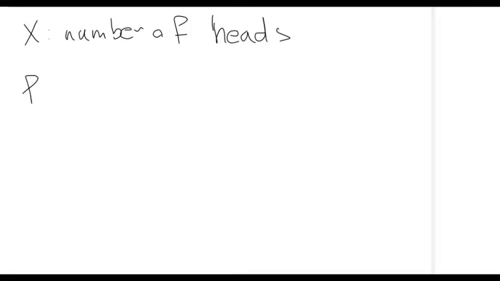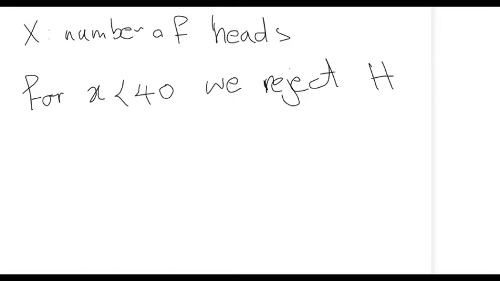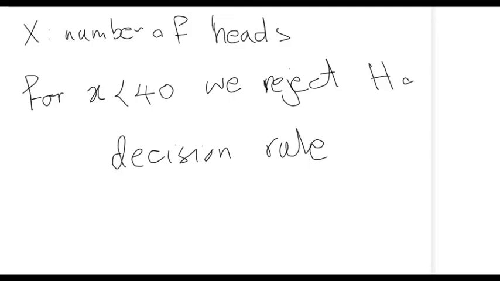If X is the number of heads, for any X less than 40, we reject H0. This is the decision rule. Step 3.